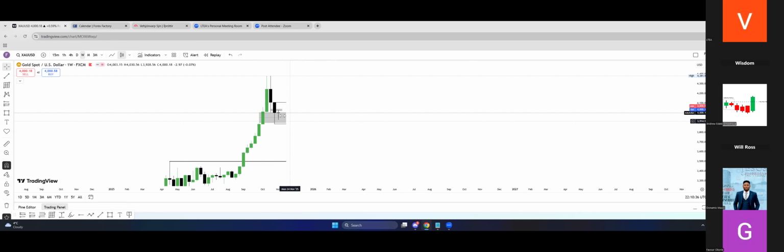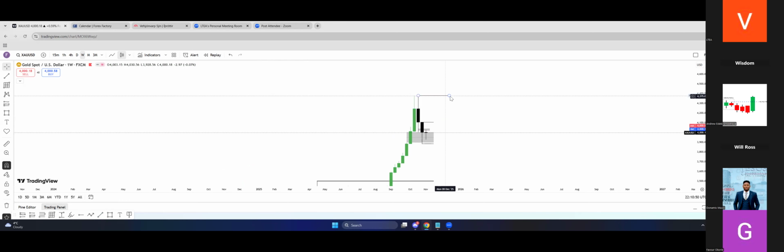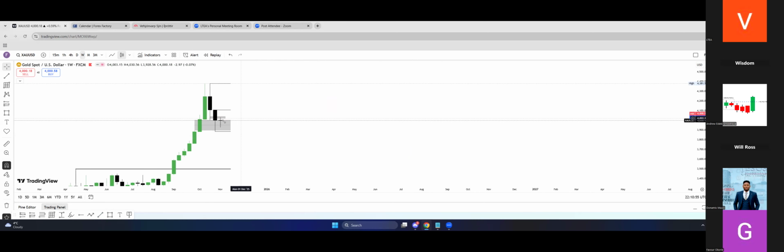So which means from this consolidation phase, price can decide to go down, even go down more, or go up to this side, or even go up more. So this is what price can do after this phase, or it can just decide to offer more fair value to consolidate more.